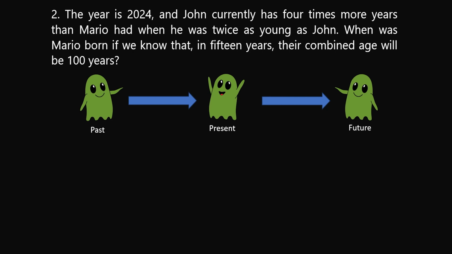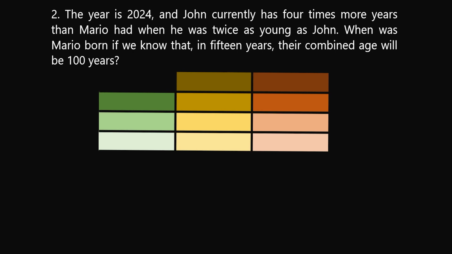Of course, the easiest way to do this is by making a table, just like the previous one. In the first column of the table, we are going to set what was, so the past, what is, that is the present, and what will be, of course, the future. And in the first row, we are going to set our 2 main characters, John and Mario.